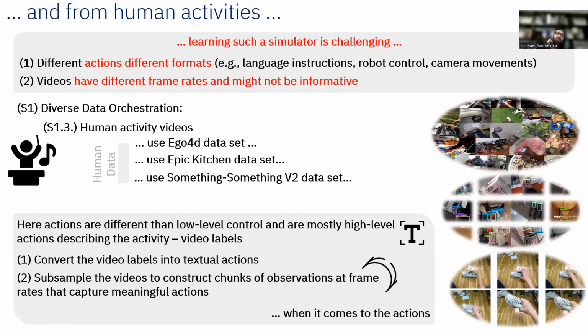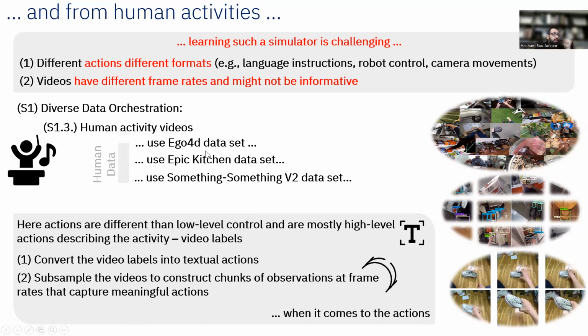So apart from only converting the video labels into textual actions, they are subsampling the video to construct chunks of observations that capture meaningful actions. So for example, if we are saying that the human is walking, and there's a big scene and birds flying and so on, and only the human is walking in a subset of these frames, then they are subsampling that when they give the action label a human is walking, right?